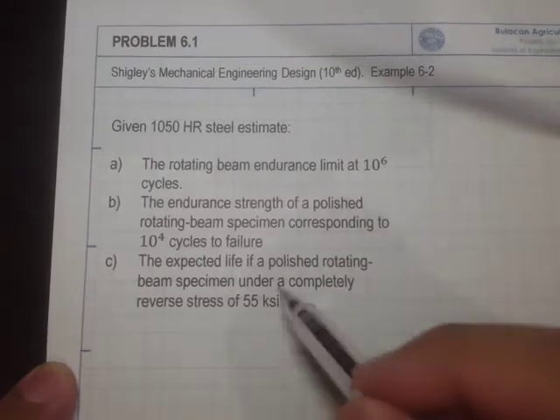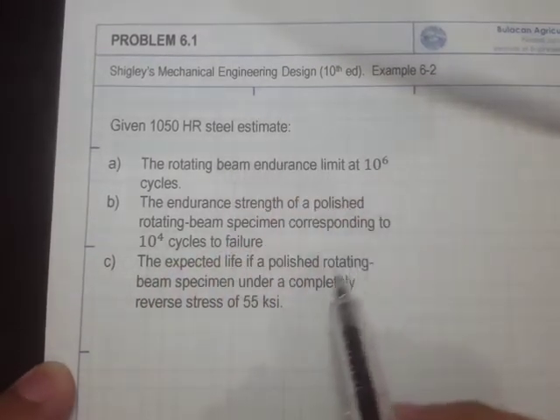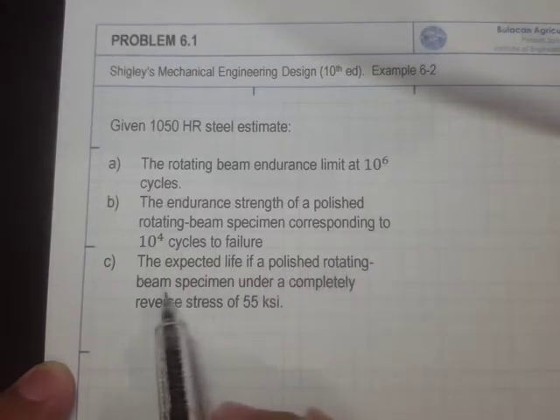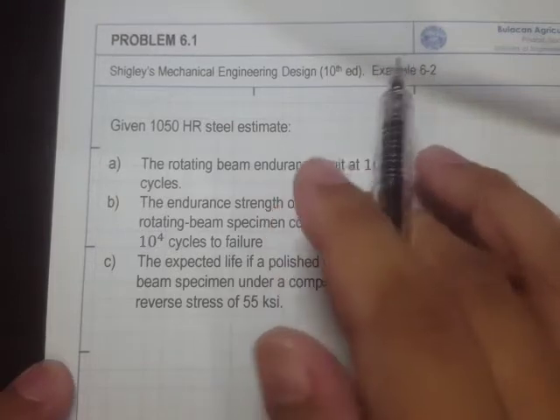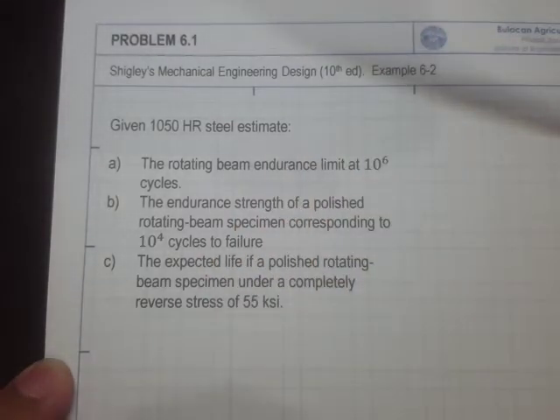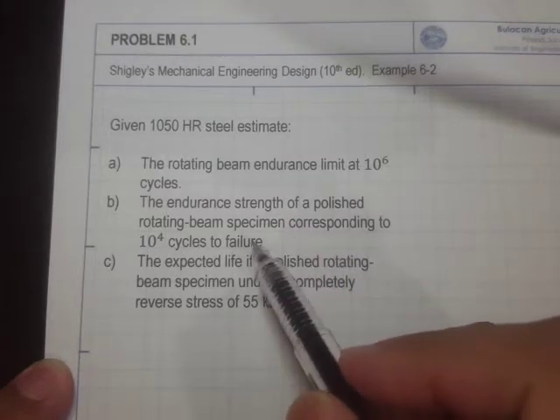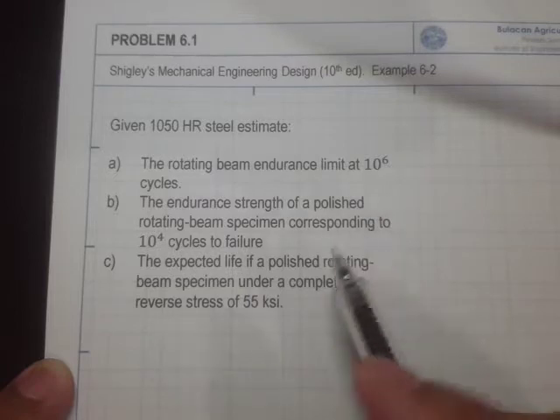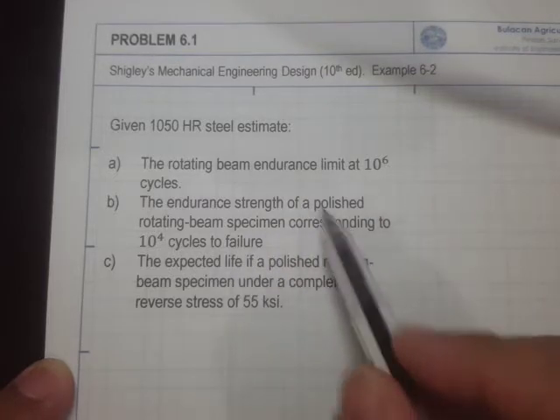You might notice that it says polished rotating beam specimen. That simply means the material we are going to solve is based on the standard dimensions and standard conditions of a test specimen, right?